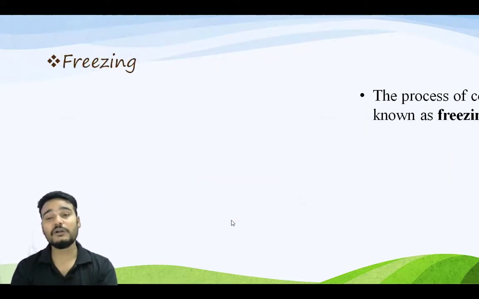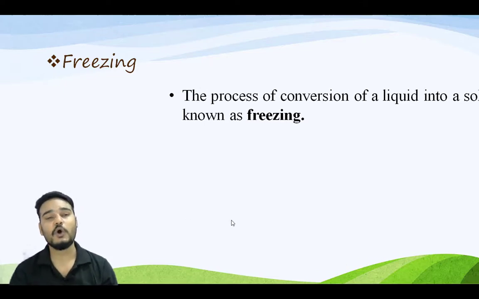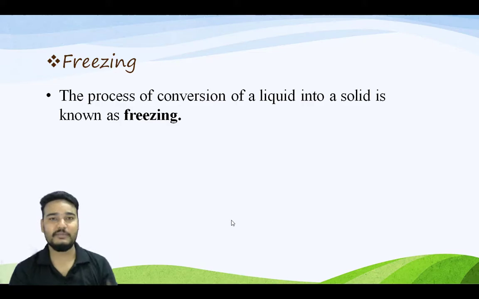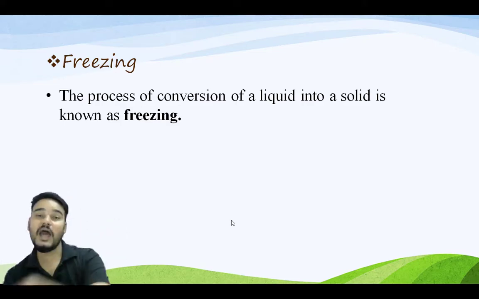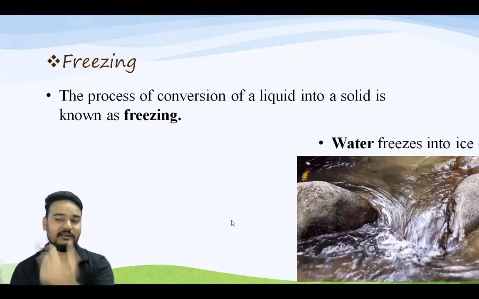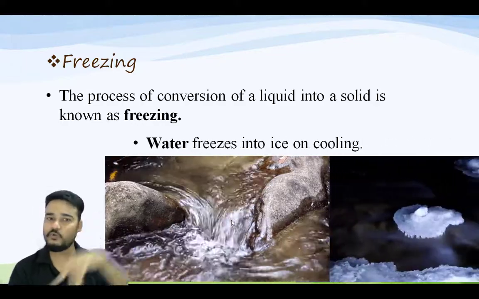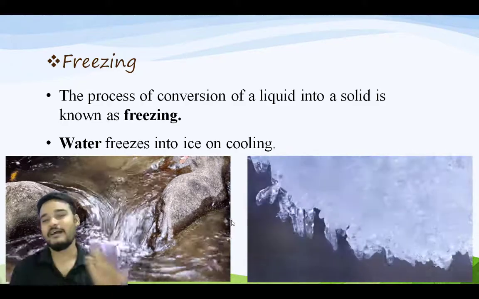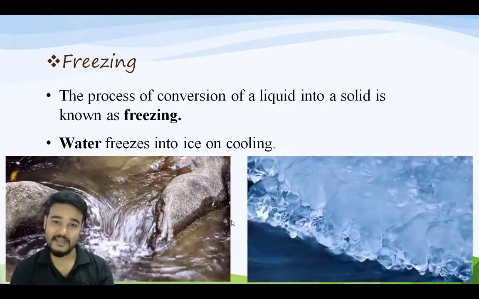So freezing means the process of conversion from liquid to solid form, liquid water to ice. Like here you can see a waterfall, and when that water freezes, it becomes ice. How simple is that?